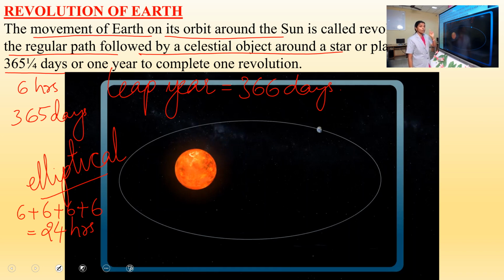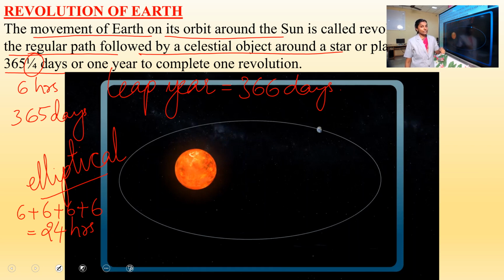If I am telling you that 1 year consists of 365 days, you will have a doubt of what this 1 by 4 means. Right. So that is the reason why I have told you about the leap year. So every 4th year we have 366 days.